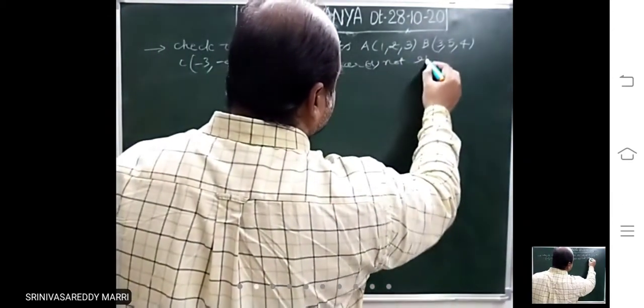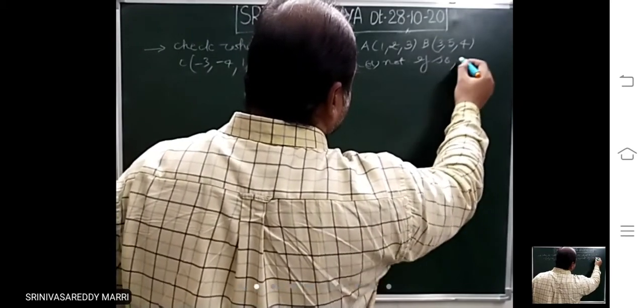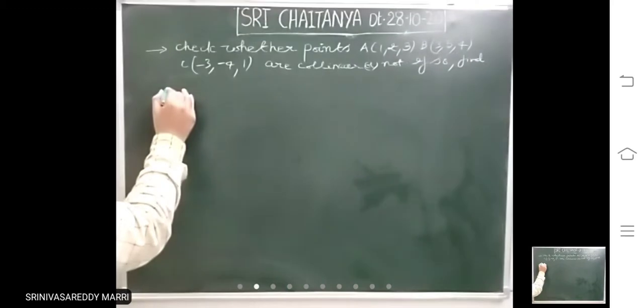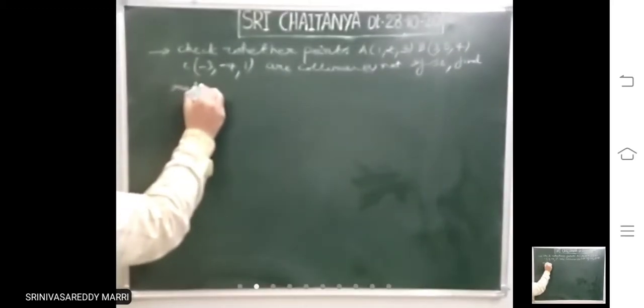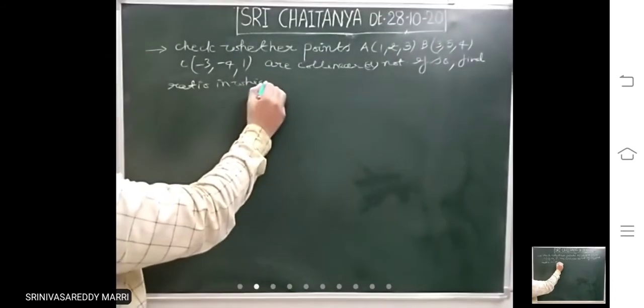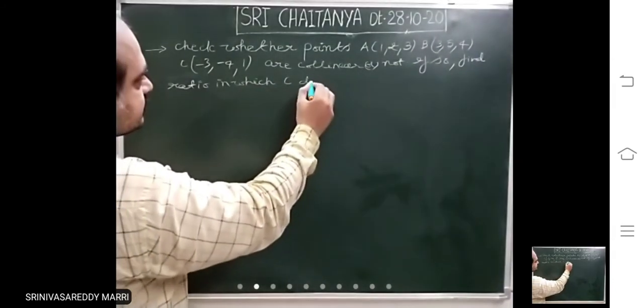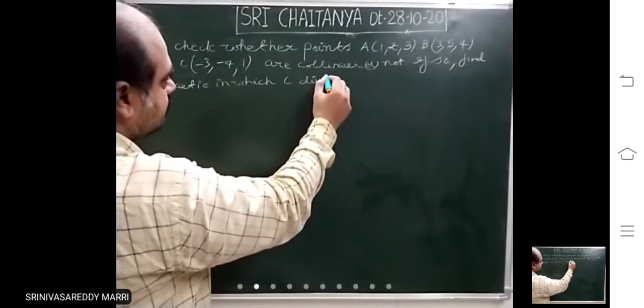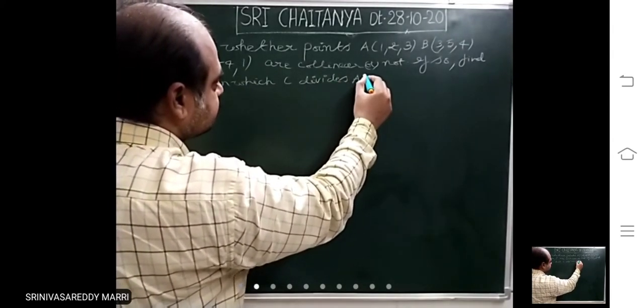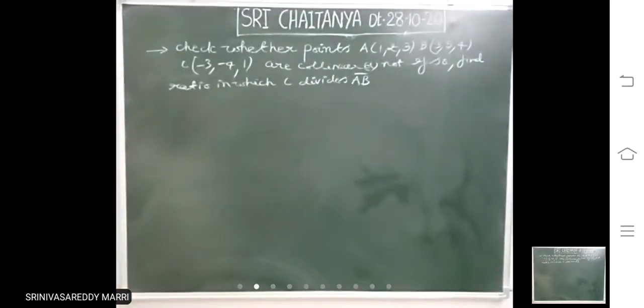If they are collinear, find the ratio in which C divides line segment AB.